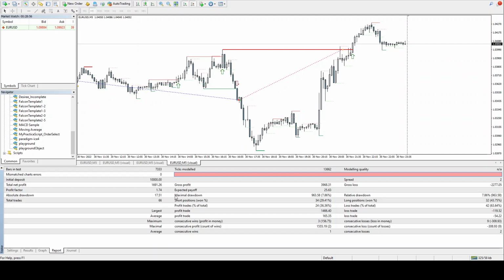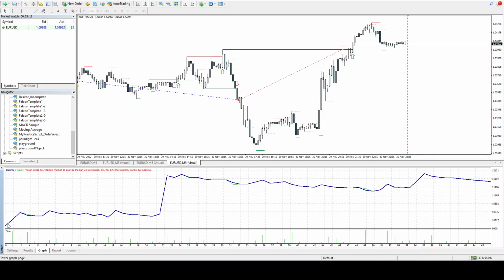Also, look at the maximal drawdown: it has reduced from about, was it 10%? I can't recall, to about 7.86%. So you can see that the Q zone matters a lot. You can see the results, and the graph compared to the previous graph.